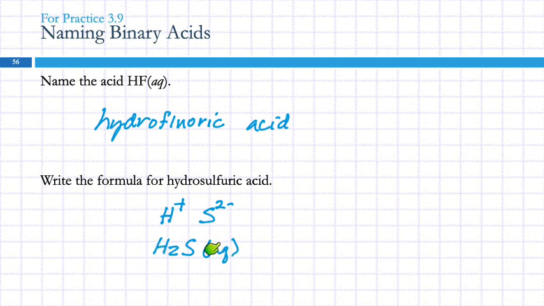When we write the formula, putting the AQ there is kind of a finicky thing. Technically, you should put the AQ there. So I'm going to do that, but I'm not going to mark you wrong if you don't. I'm going to demonstrate the proper way, but I'm going to let it slide also.